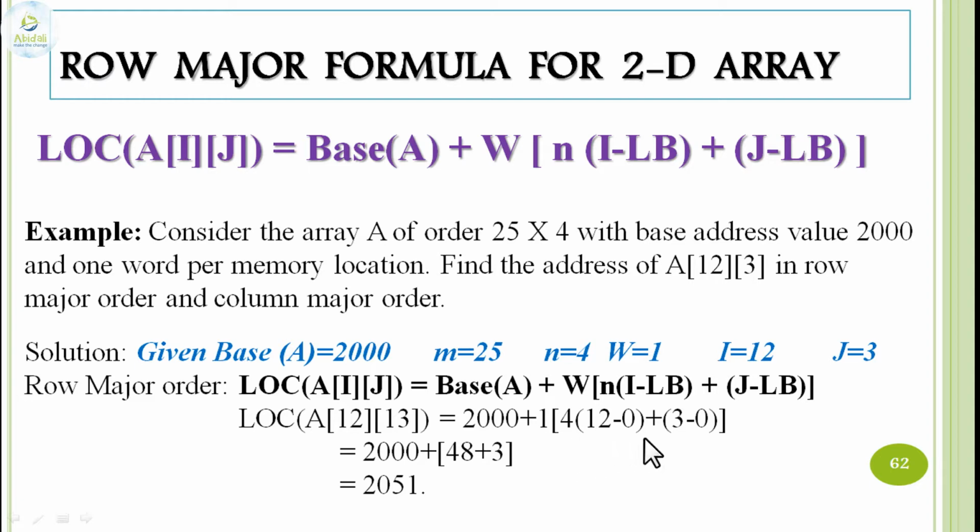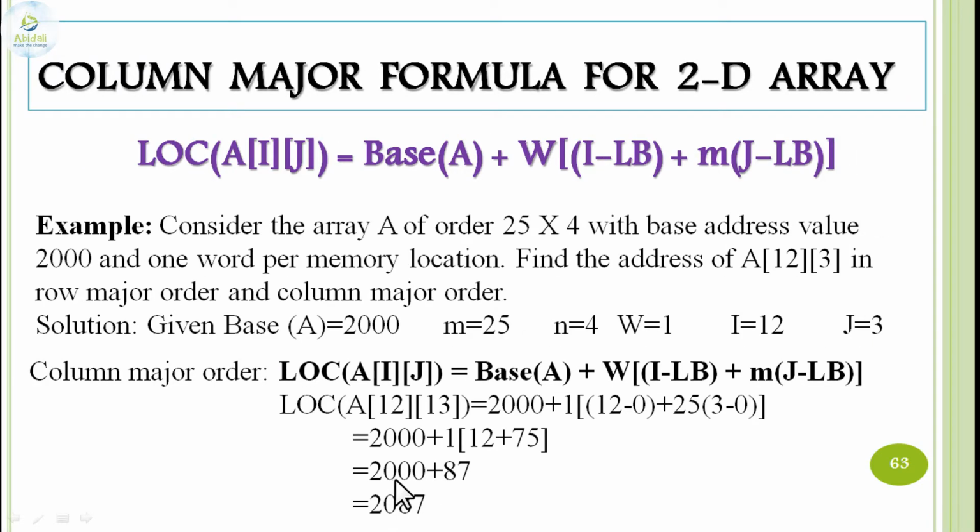Substituting the values, 12 multiplied by 4 is 48 and plus 3 is added. The entire square bracket multiplied by 1 is the same. So 48 plus 3 is equal to 51. So 2000 will be added to 51, which makes 2051 for the row major order.